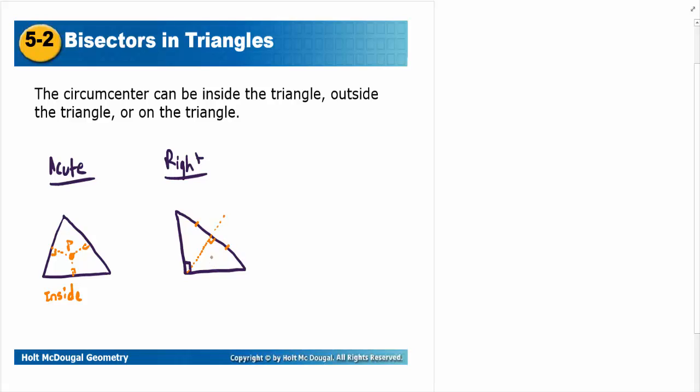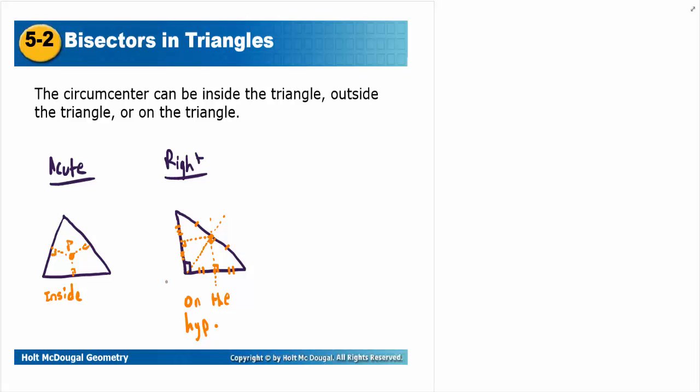Well, the next one is going to go through the midpoint here, and it's going to intersect that first perpendicular bisector at the hypotenuse. And the third one is going to do the same thing. They're all going to intersect on the triangle. So this will be on the hypotenuse. Let me be more specific. If you have a right triangle, your circumcenter is always going to be on the actual hypotenuse of your triangle.